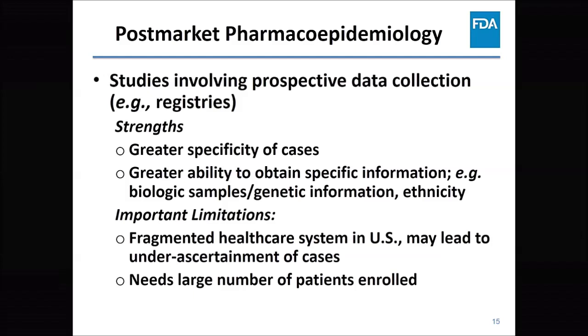Post-market pharmacoepidemiologic studies involving prospective data collection, such as registries, can be advantageous in providing specific information such as ethnicity and genetic information, but there may be under-ascertainment of cases, and for a rare event such as SJS-TEN would need large numbers of patients enrolled.